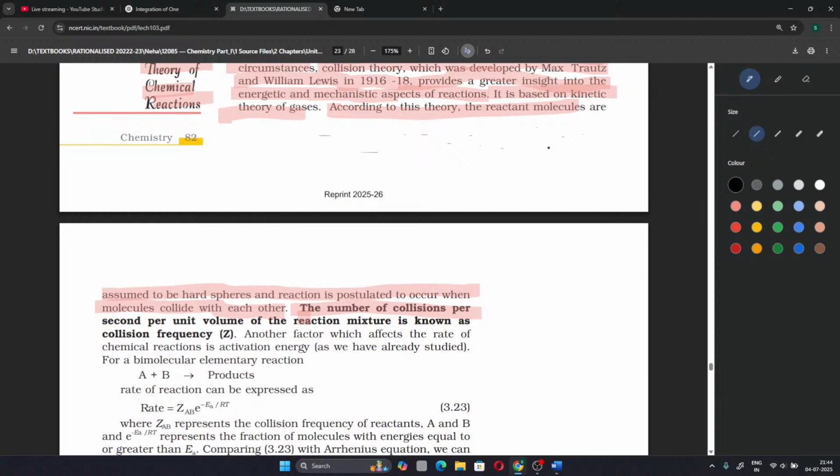This provides greater insight into how the mechanistic aspects of the reactions work. Here it is based on the kinetic theory of gases. They assume the molecules to be hard, individual spheres, and reaction occurs when these two spheres collide.